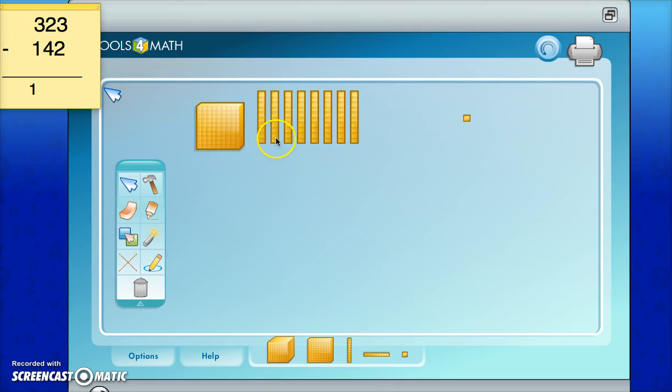I have 1, 2, 3, 4, 5, 6, 7, 8 tens left, which means the digit going there is going to be 8. And finally, I have 1 left, which means the digit going in that place value is going to be 1. That means the difference between 323 and 142 equals 181.